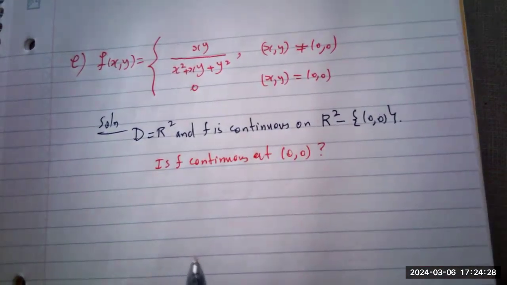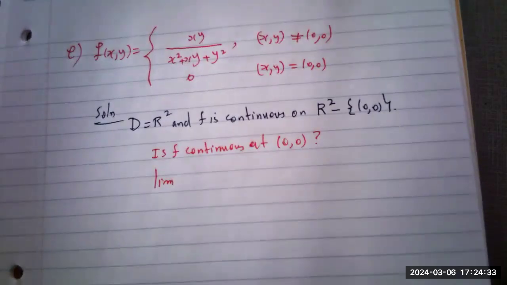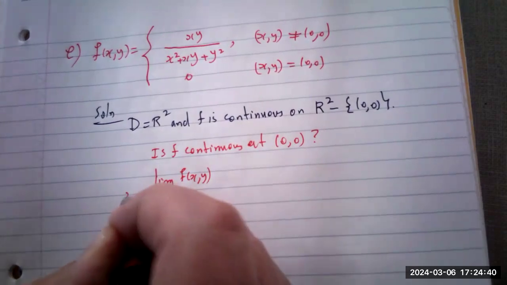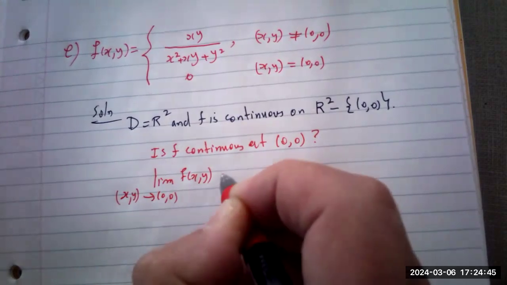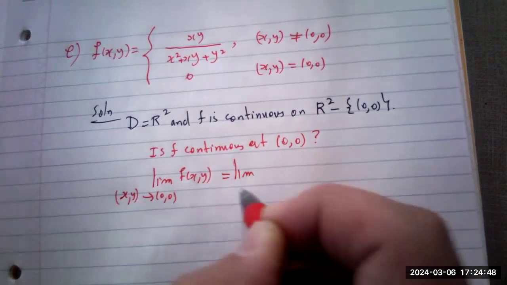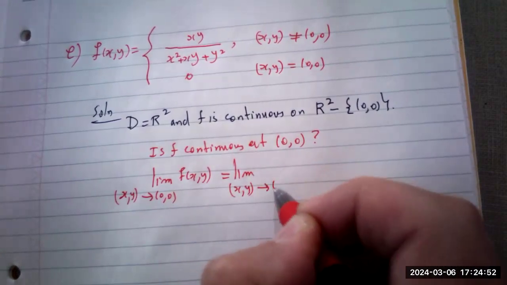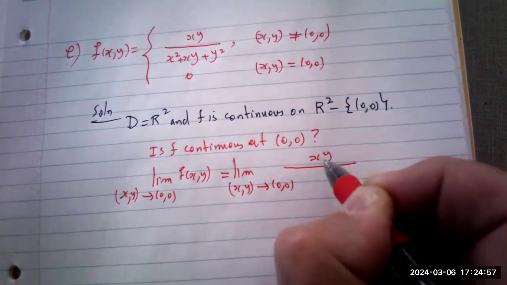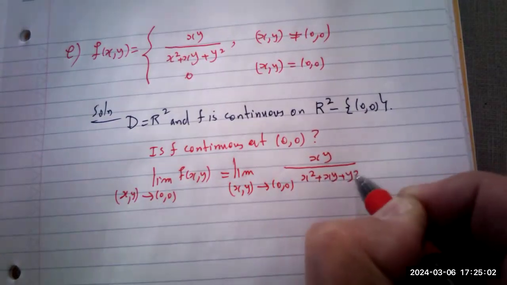which is the same as asking, does this limit exist? The limit of f of x, y as x, y goes to 0, 0, which is the same as the limit as x, y goes to 0, 0 of the quotient x times y over x squared plus xy plus y squared.